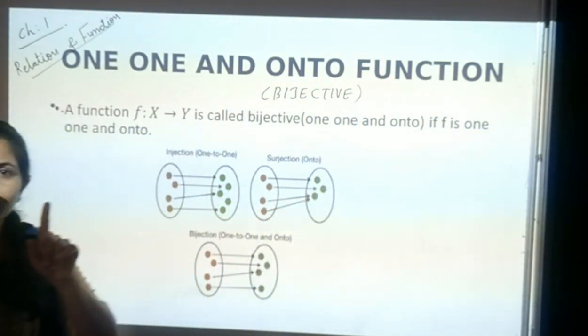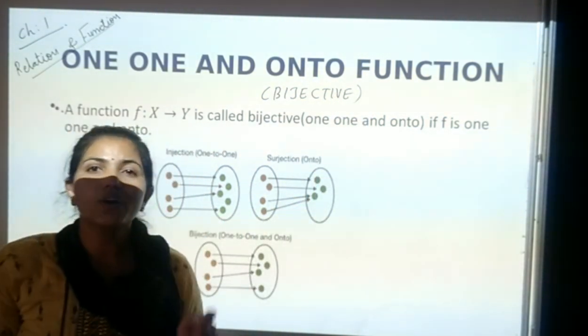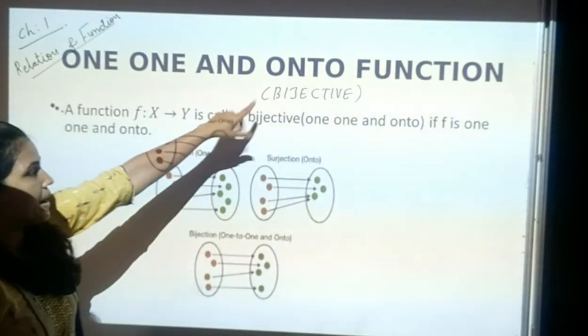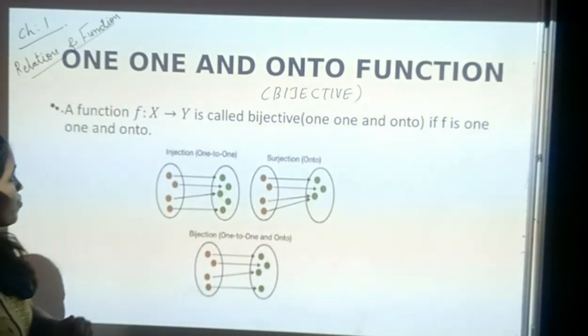Only one is injective. Only onto is surjective. One and onto means bijective. So what is a bijective function?